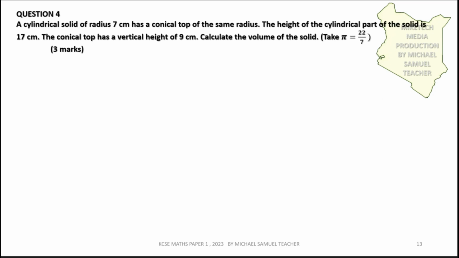So the first thing I'm going to do is make a sketch of that particular solid. It has a conical top. So this is the cylindrical part, and then it has a conical top.